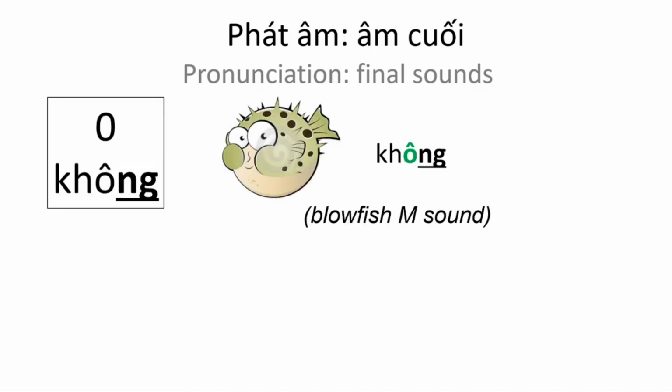Taking a closer look at the blowfish M sound, as in khâm, or chung, or ong, you can see that this final sound only appears after an o, u, or a vowel sound.